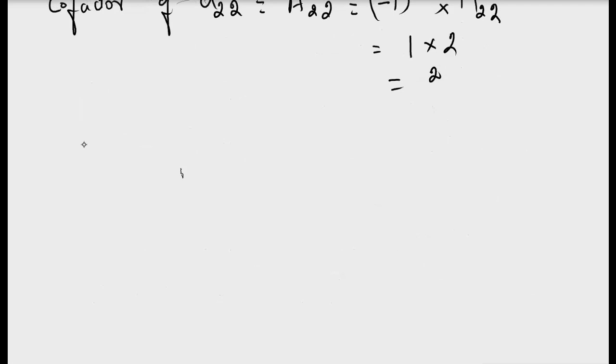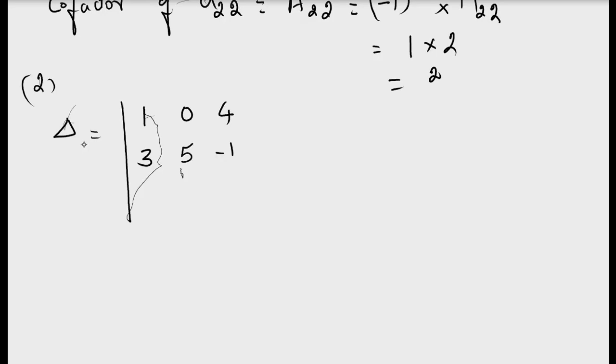Now let us do a 3 by 3 matrix. Given delta is equal to the determinant with rows 1, 0, 4; 3, 5, minus 1; 0, 1, 2. Now M11 is equal to, you have to leave the first row and the first column.